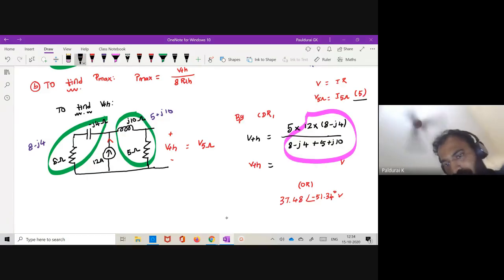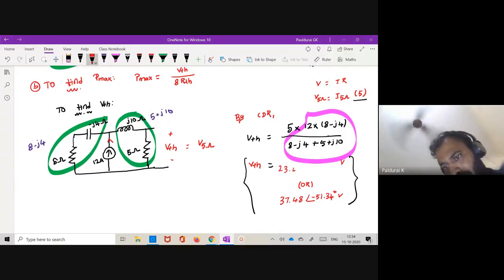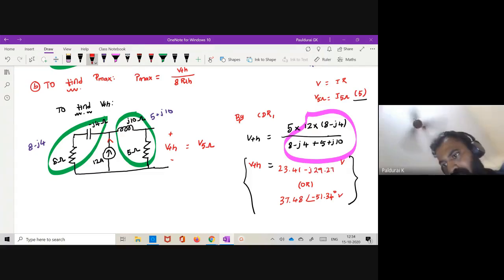Now rectangular form: 23.41 minus 29.27 J. Okay, very good.